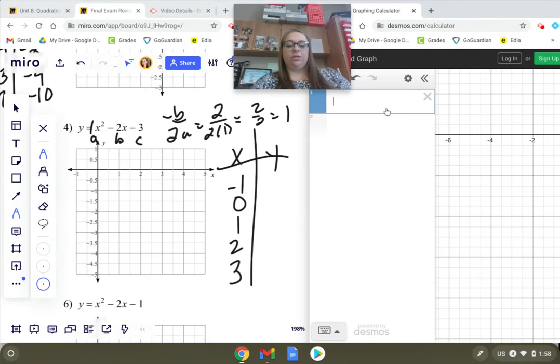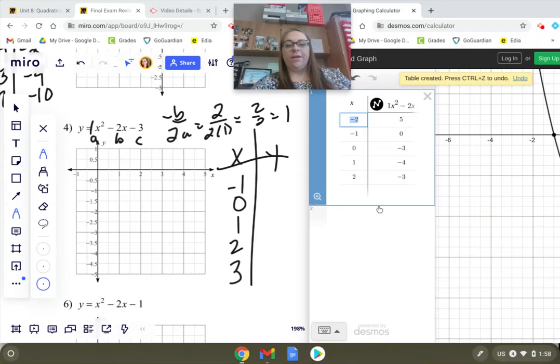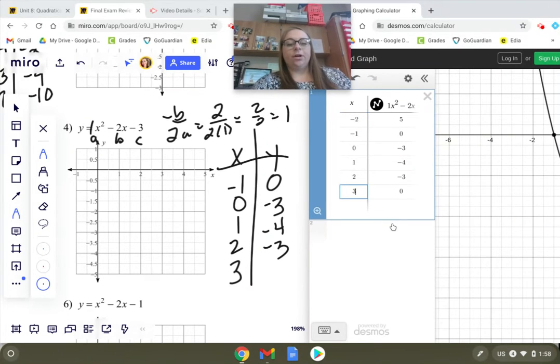Again, type that quadratic into Desmos, switch it to a table, and fill in everything else. So -1 gets me 0. 0 is -3. 1 is -4. 2 is -3. 3 is not on there, but we can type it in, and we get 0. So now graph those points.